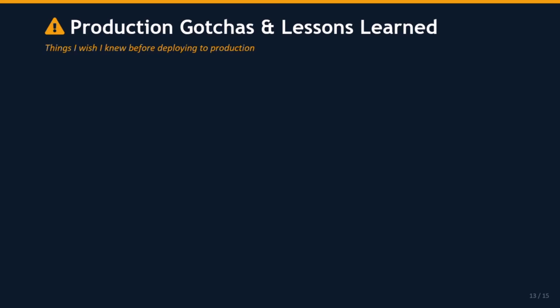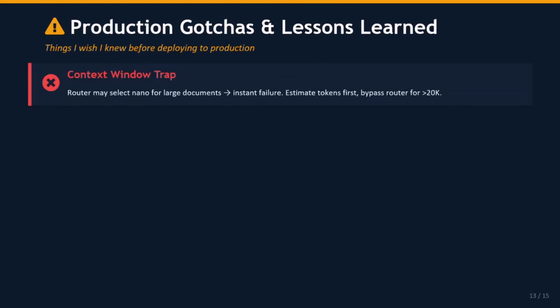Okay, what went wrong? This is basically our experience with production deployment. Number one, the context window trap. This is the biggest gotcha. Router may select Nano for a large document. Nano has a smaller context window, as you know, so instant failure.